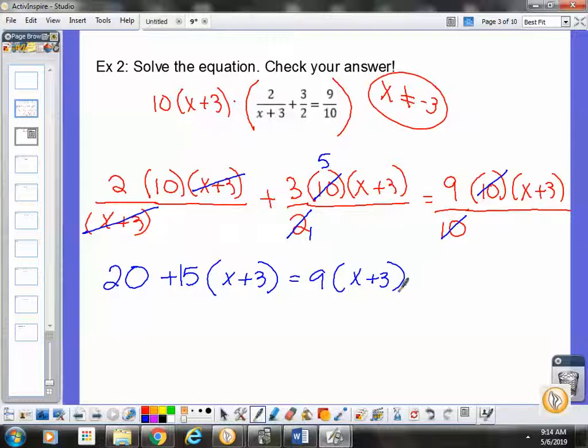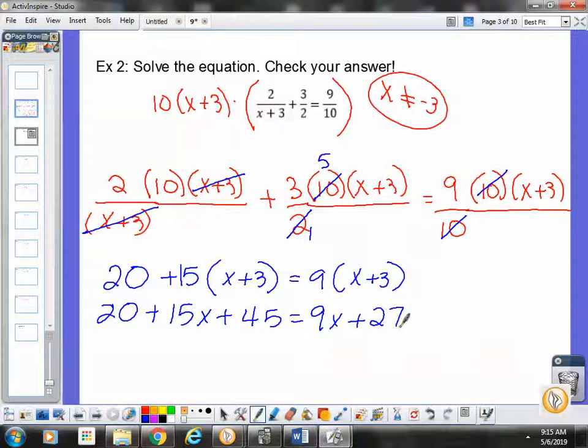Once you get past this first part, I think you can solve this equation with no trouble. Go ahead and distribute and solve. We want to get x by itself, so I'm going to add my like terms. 20 plus 45 is 65.